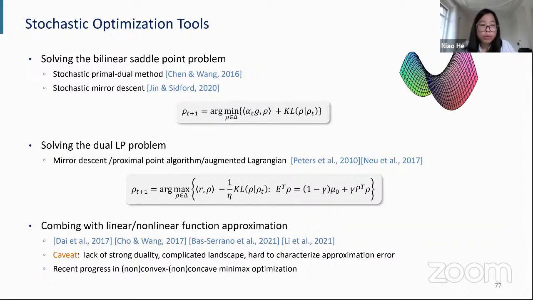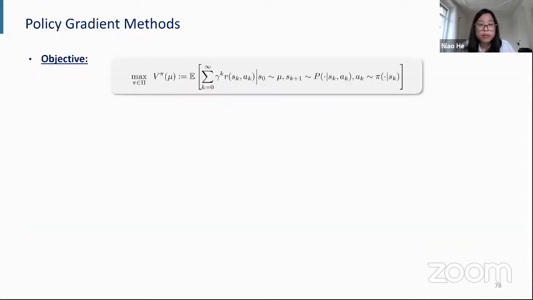So lastly, I want to also briefly touch base on the third class of optimization-based methods, which are called policy gradient methods. Policy gradient methods consider directly the original objective instead of these intermediate objectives that are derived from Bellman equations. They're just going to consider maximizing the value functions over a class of policies pi, assuming those policies pi are a parameterized class of functions.